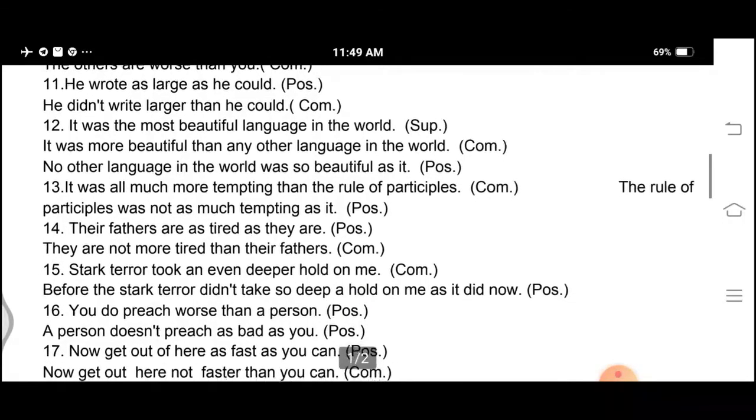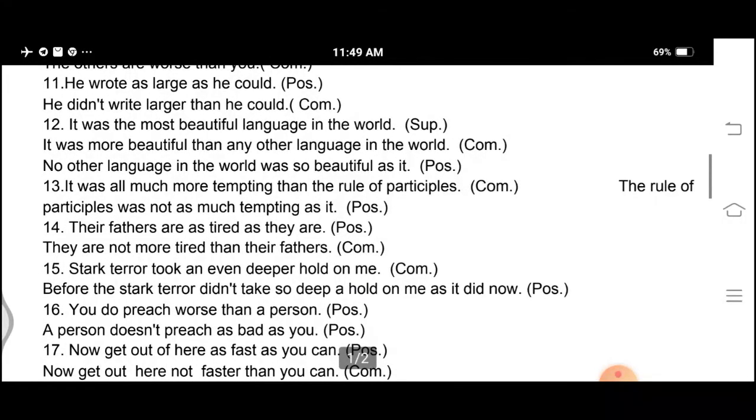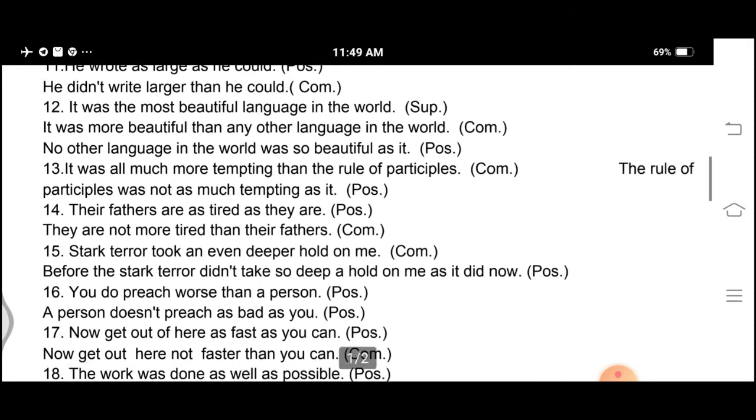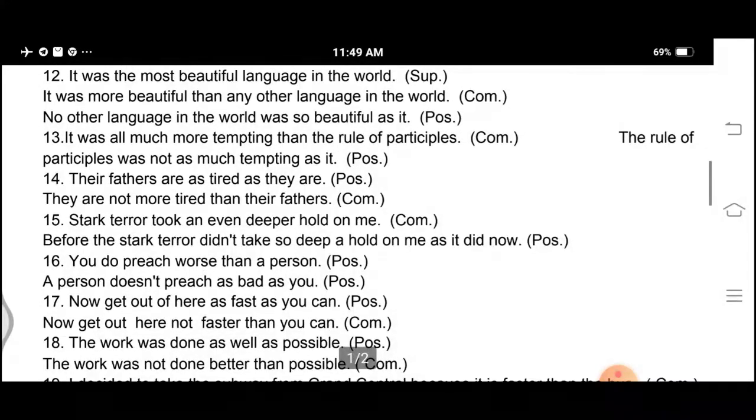He wrote as large as he could. It is a positive sentence. He did not write larger than he could. Larger, comparative form. That is why comparative. It was the most beautiful language in the world.